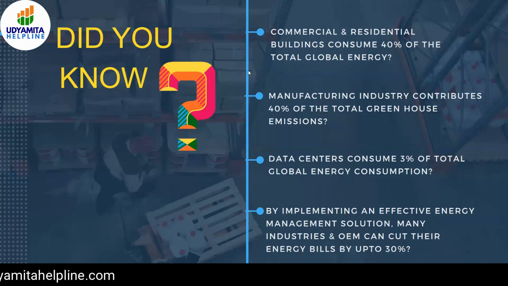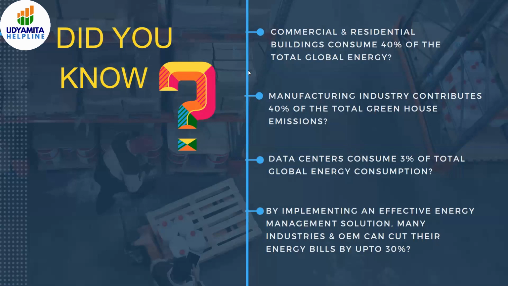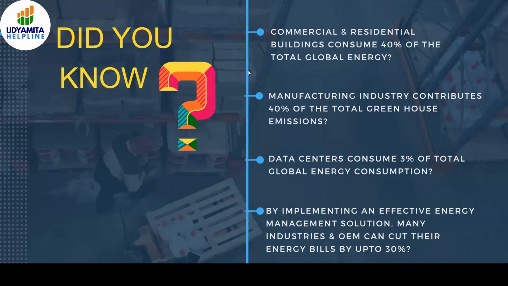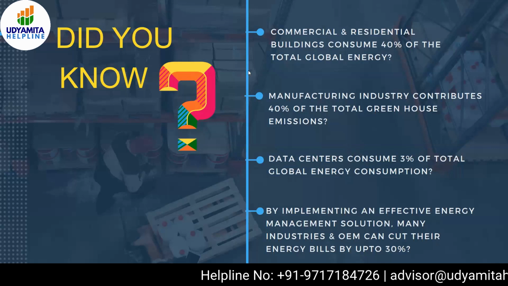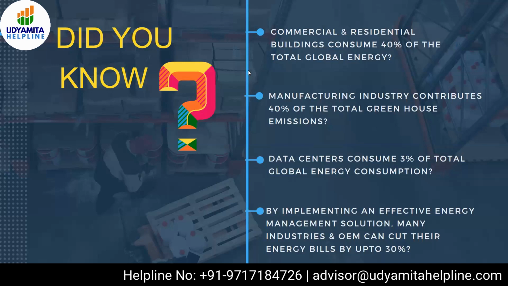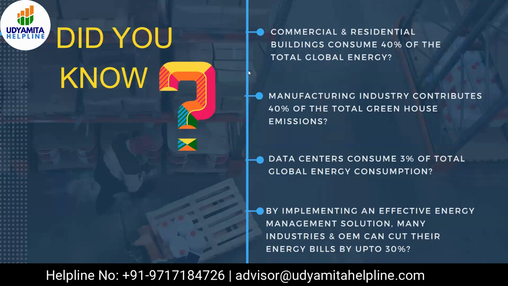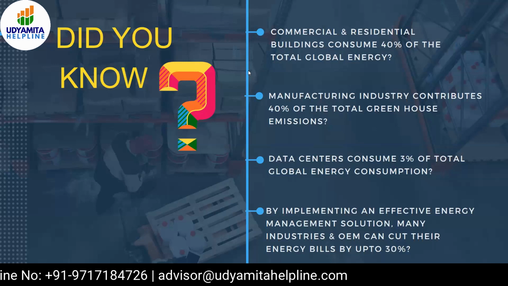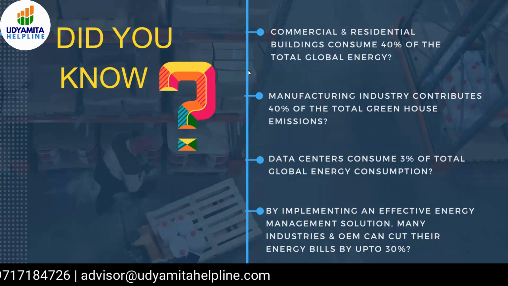So apart from this, we also have an ERP solution that will help you to manage your production, your procurement, and your sales orders, that may be quotations, invoices, and other things. It will help you to manage your HR: how many employees are there, their onboarding, and how many projects are running, in which stage which project is there.